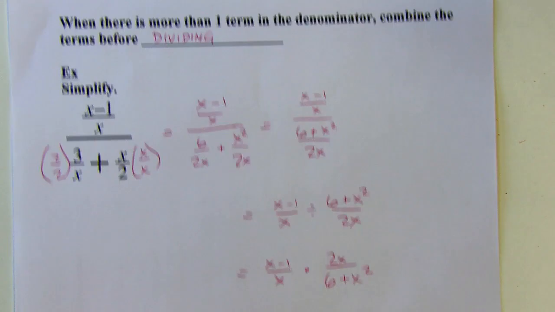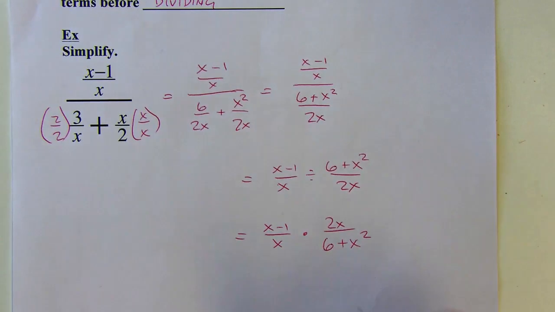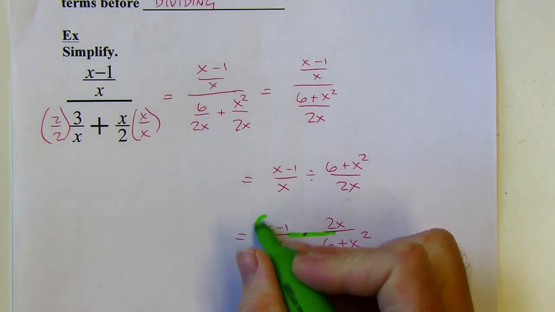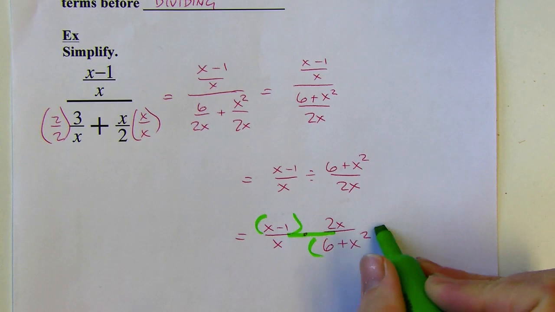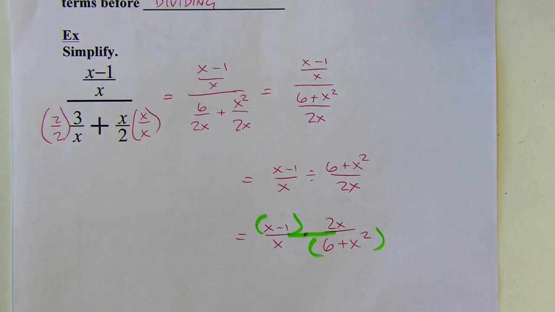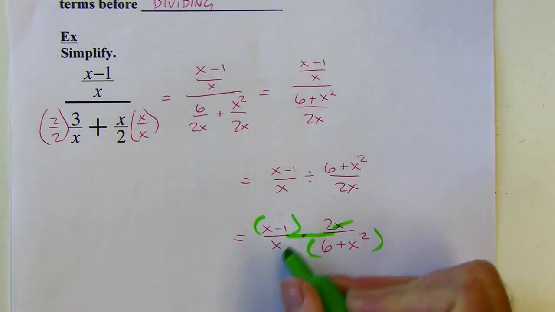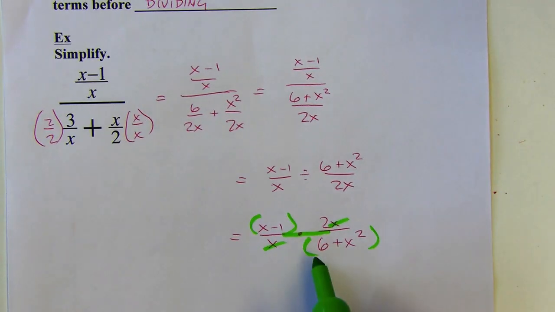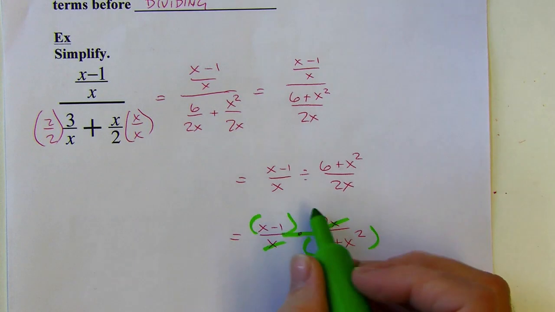Okay, and now remember multiplication, no common denominator needed. So we can just combine this into one fraction actually. So that's what I'm going to do. I'm going to write that like that, and then I'm going to start working on simplifying this. So I can cancel these x's, okay? And then there's no more factoring I can do in the numerator or the denominator.